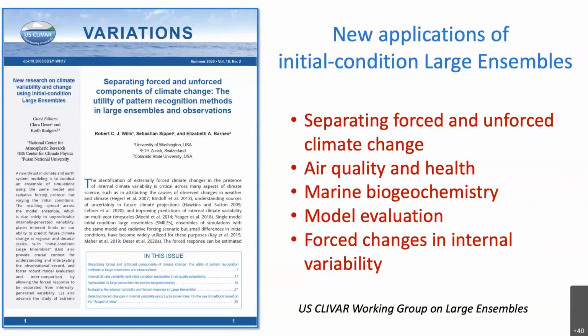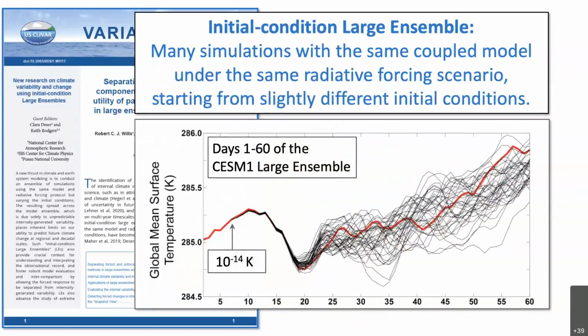All right, thanks, Keith, and thanks everyone for joining. We're very excited about this collection of papers. These are all citable papers in Clivar Variations, and they really span a range of new applications. So in lieu of having each speaker introduce what a large ensemble is in this context, I thought maybe we could all be on the same page.